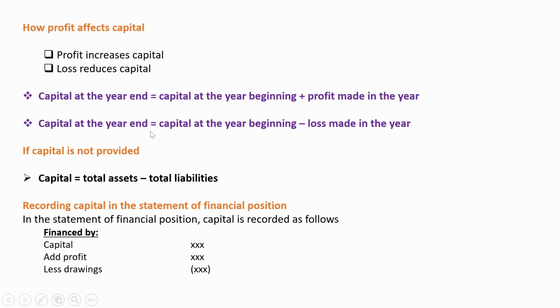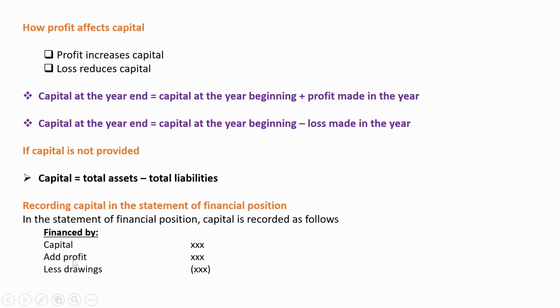So once you have calculated capital and you are now preparing a statement of financial position, so this is how we record capital in the statement of financial position. The subheading is supposed to be financed by, especially if you are preparing a statement of financial position for a sole trader. So just write financed by, and then below that capital, you show the amount here. So this capital is going to be capital at the year beginning because we had not added the profit.